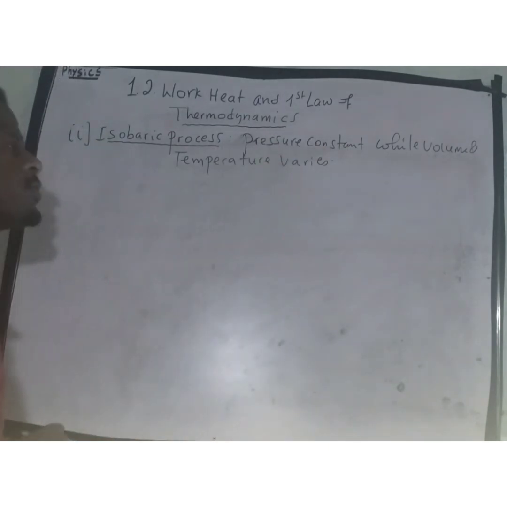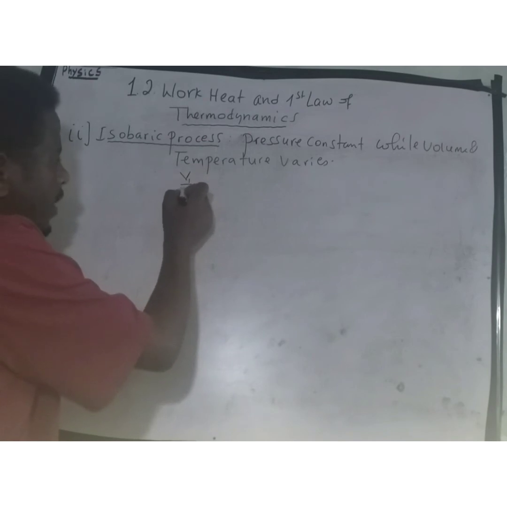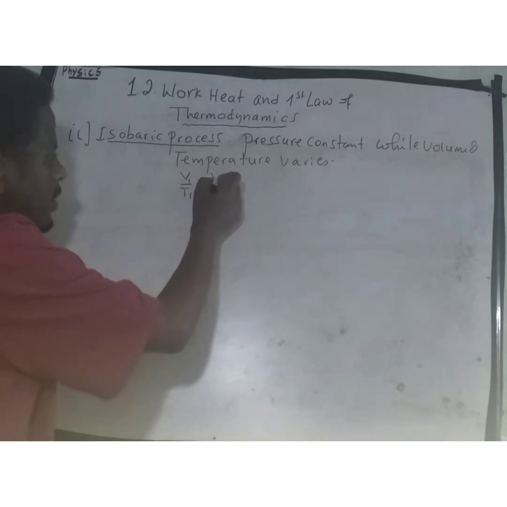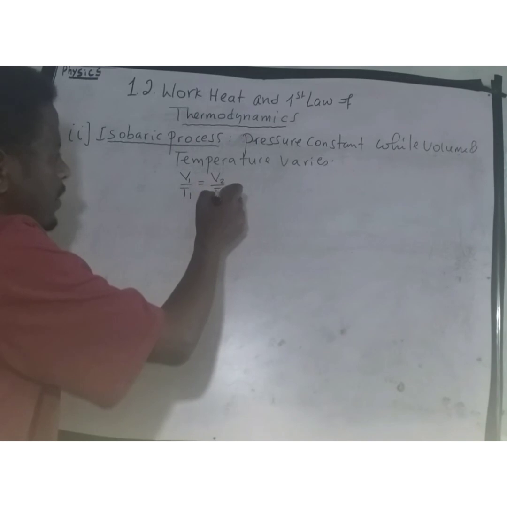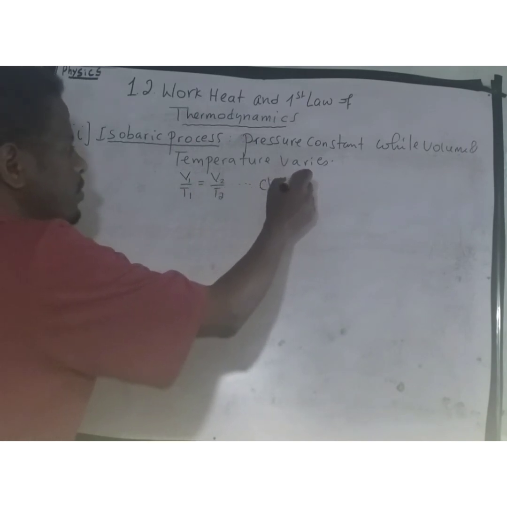The relation was studied by Charles' law and it's given by V1 over T1 equals V2 over T2. This is Charles' law.